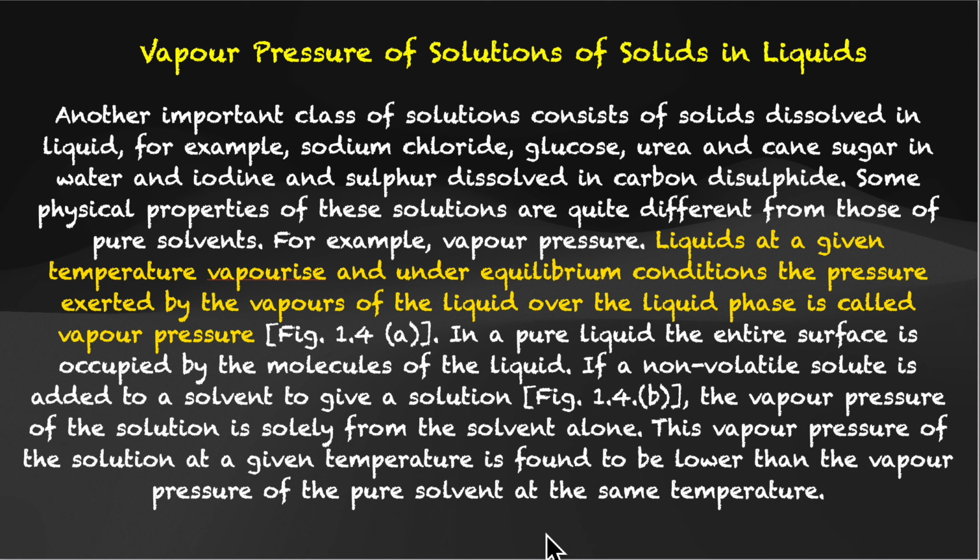Now compare 1.4a and 1.4b. In 1.4a, 10 molecules exerted the pressure, whereas in figure 1.4b, only 5 molecules exerted pressure, just because the other ones were non-volatile. That means there is a reduction in the pressure. So the vapor pressure of the solution at a given temperature is found to be lower than the vapor pressure of the pure solvent at the same temperature. That is why the vapor pressure of the pure solvent is greater than the vapor pressure of the solution.